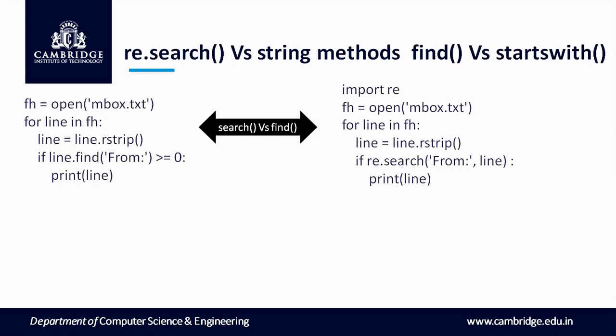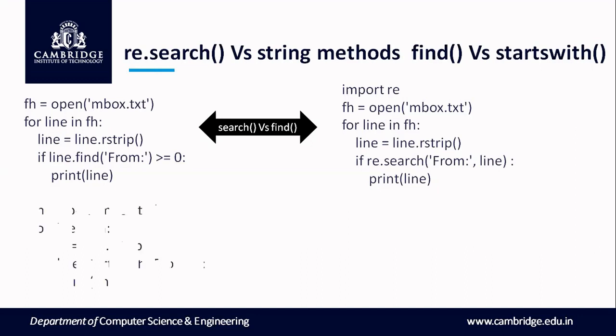Whether you use the find method or a regular expression, only the syntax differs. What exactly it does is, both methods search for the position of one string within another. To be more specific, these methods search for the first occurrence of a string.